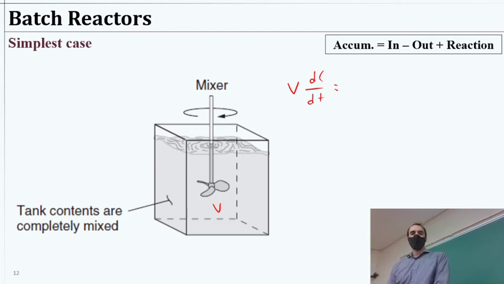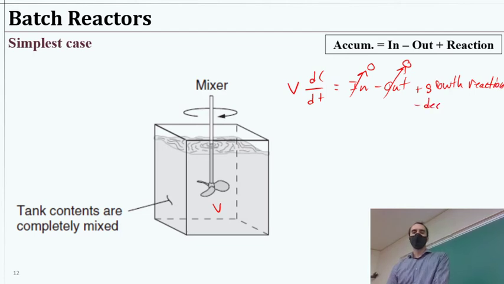And we're going to say that would be equal to in minus out, but there's no in or no out. So those go to 0. Plus whatever reaction's happening. So we'll say plus a growth reaction, or the net growth, maybe there's more than one reaction, minus decay reactions.